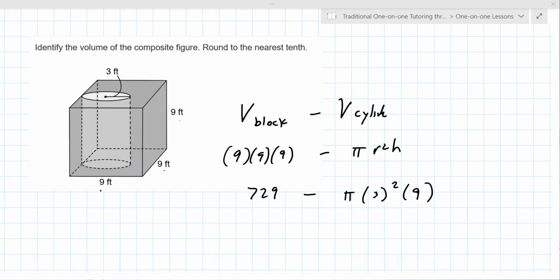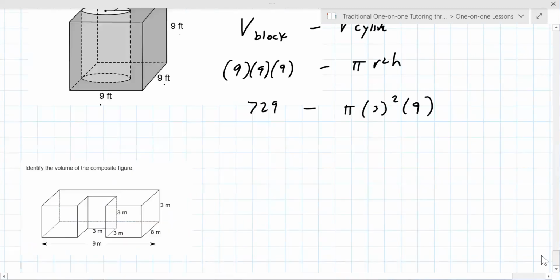So round to 1 decimal place, please. It's 474.5. That's my final answer. Very good. All right, this is our last question.